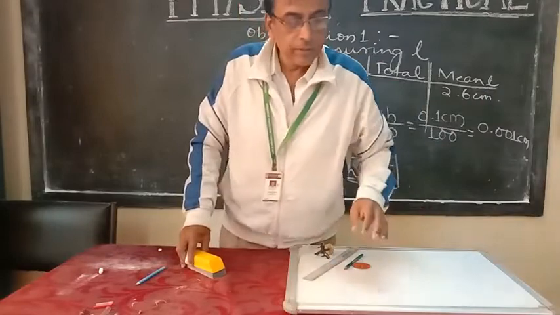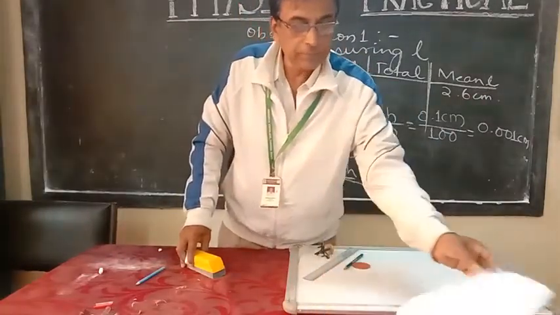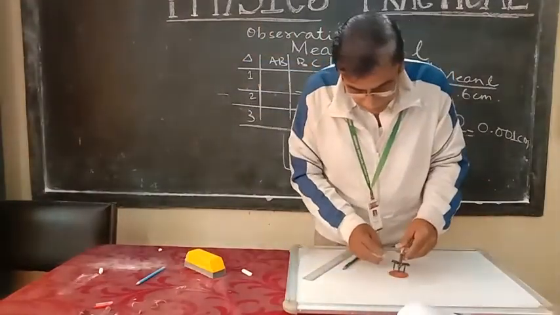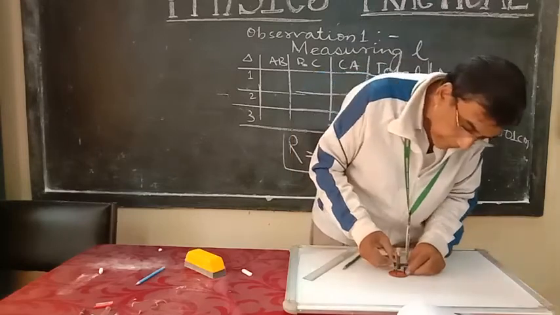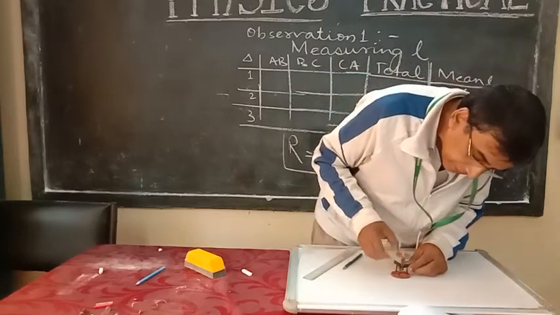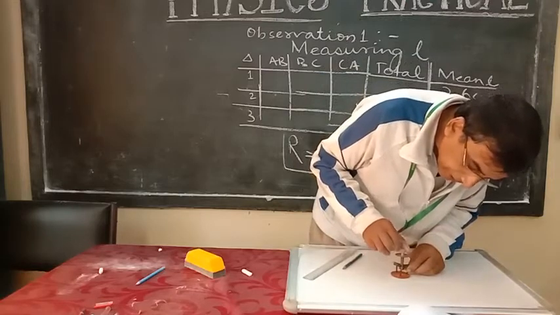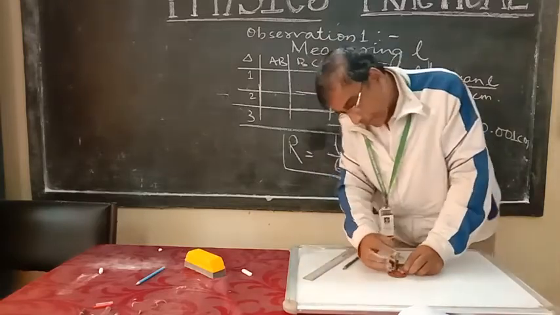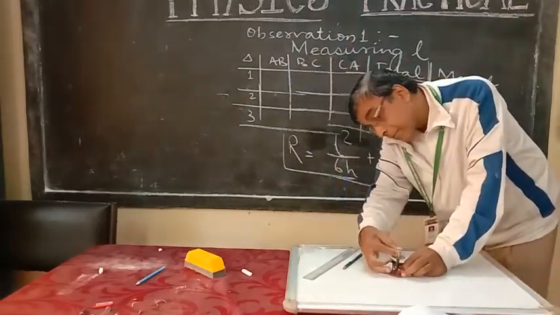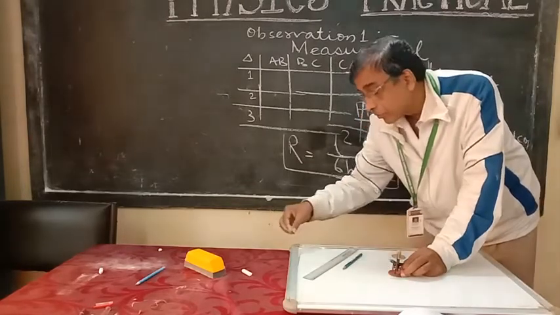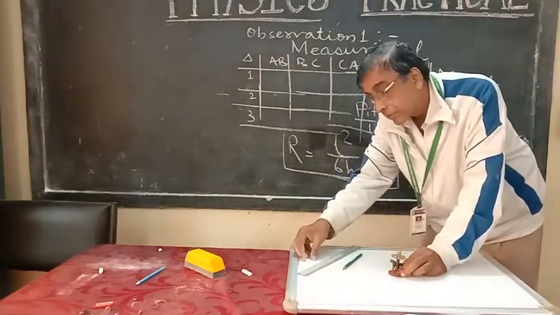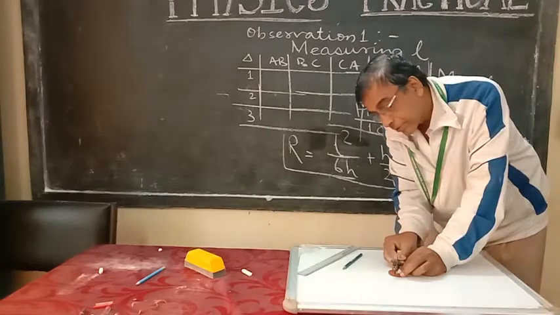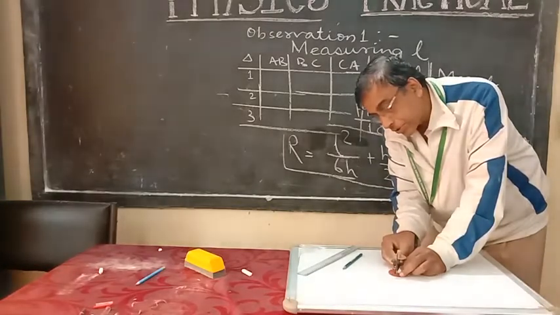Then you have to calculate h. So what is h? When you are keeping it on this, you rotate this one so that it touches the surface, and you put a paper so that you can know that it is just touching.